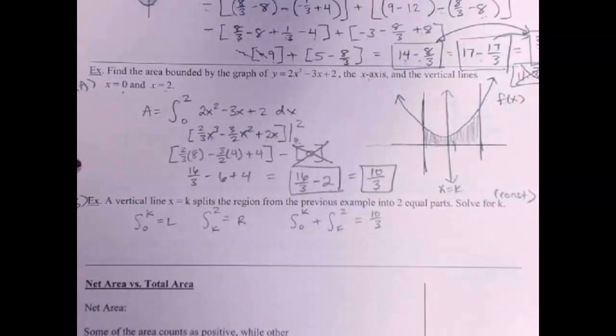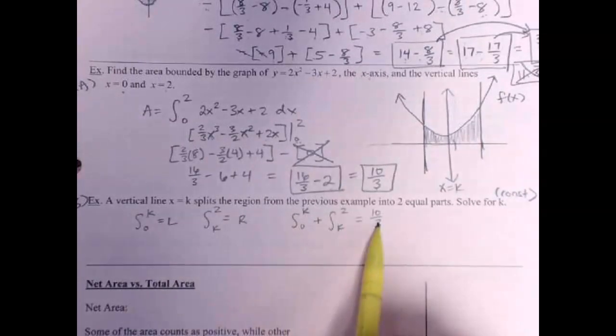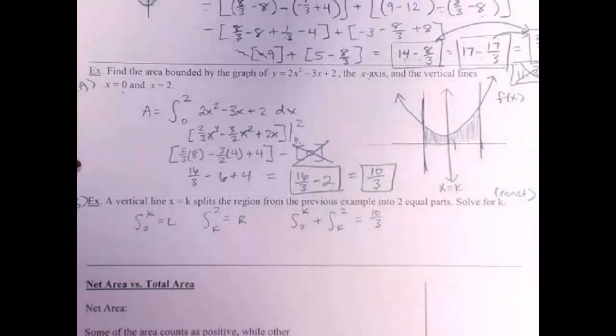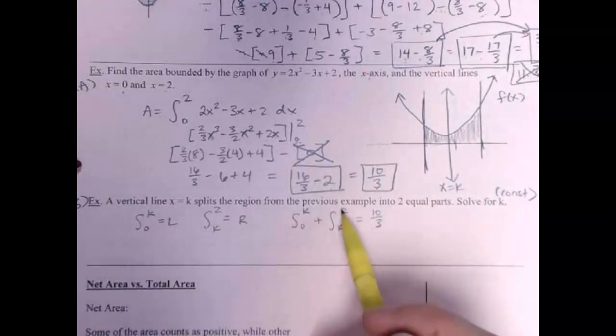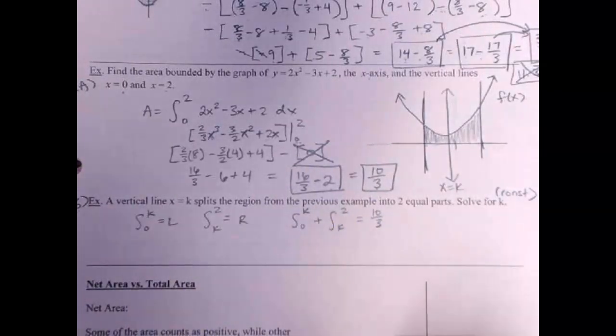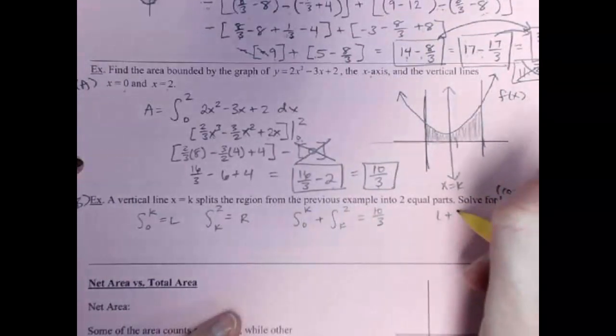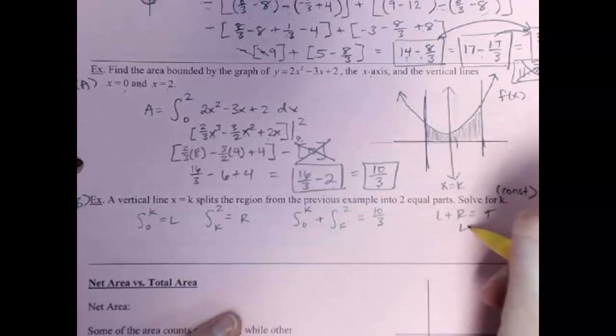Typically what I would advise, though, is instead of working with 2 integrals, just figure out how to work with 1. You could do left plus right equals the total, work with both integrals, plug in k's, plug in zeros, plug in 2's, but it's not the easiest way to get the answer. Just think about it like this. I know left plus right is going to equal the total, and I know left equals the right.